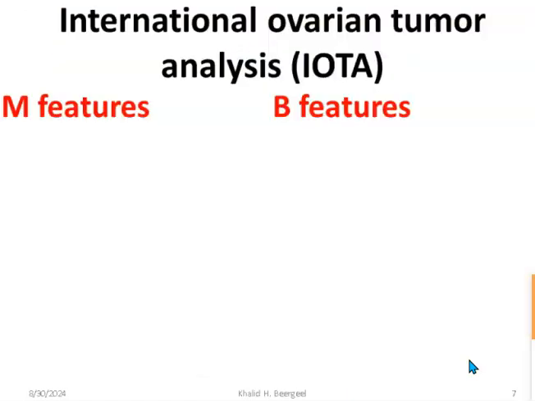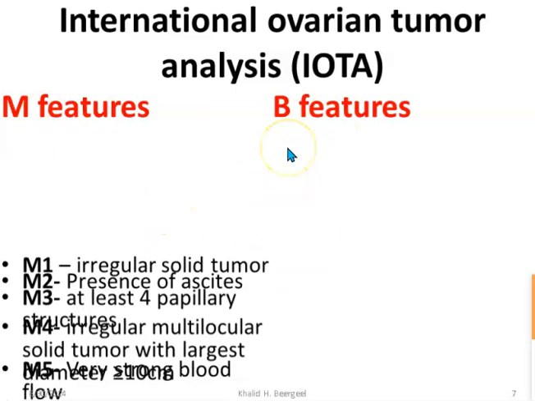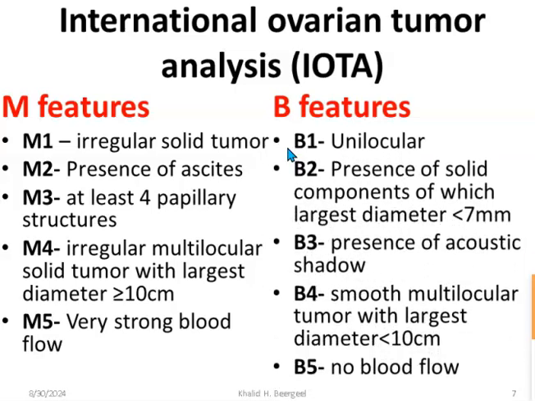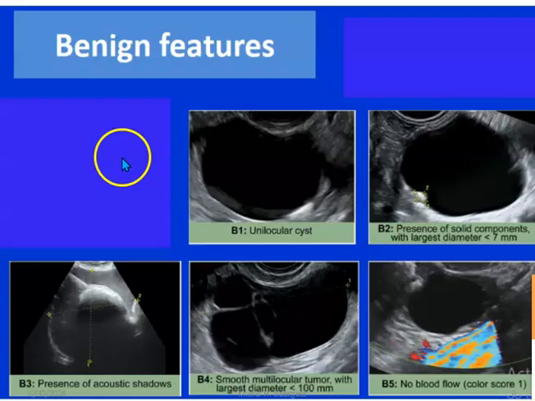so you need to work it up as a malignancy. The other thing we can use is IOTA, International Ovarian Tumor Analysis. This analysis is mostly used by radiologists. It has M features and P features. M features are all features which are malignant, and P features are all features for benign. For example, benign features include a unilocular cyst with thin wall and clear content.